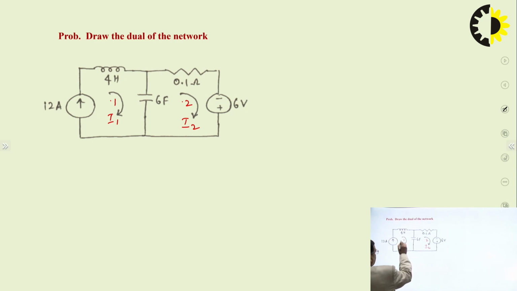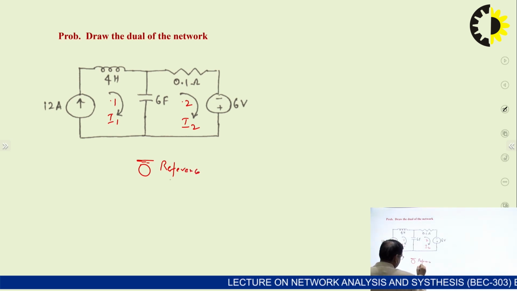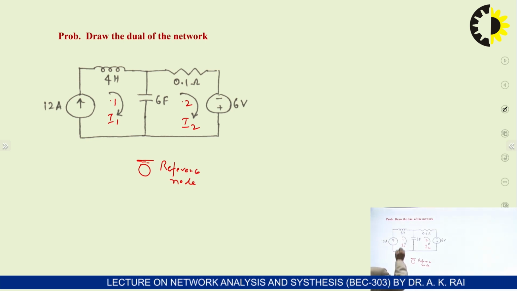Then 2 meshes, 2 nodes, and outside the network take the reference node and mark it. Now, connect the elements.